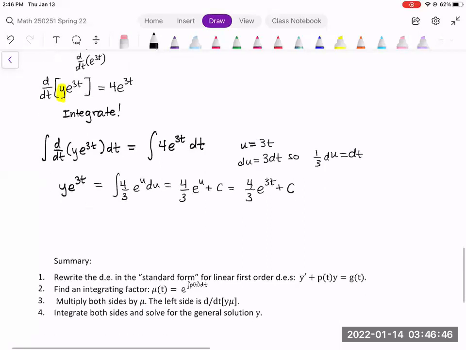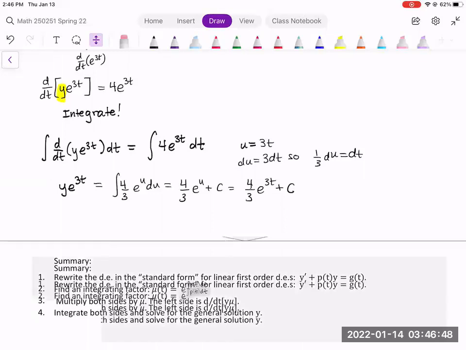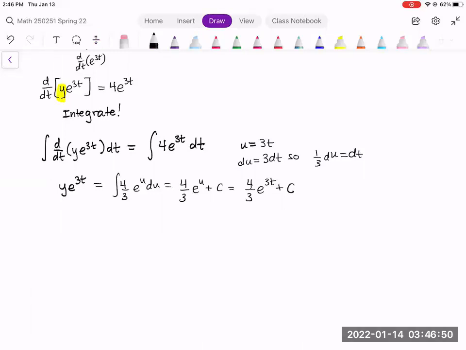All right, now we had y e to the 3t equals 4/3 e to the 3t plus c. We're interested in finding y, so we're going to divide everything on both sides by e to the 3t.